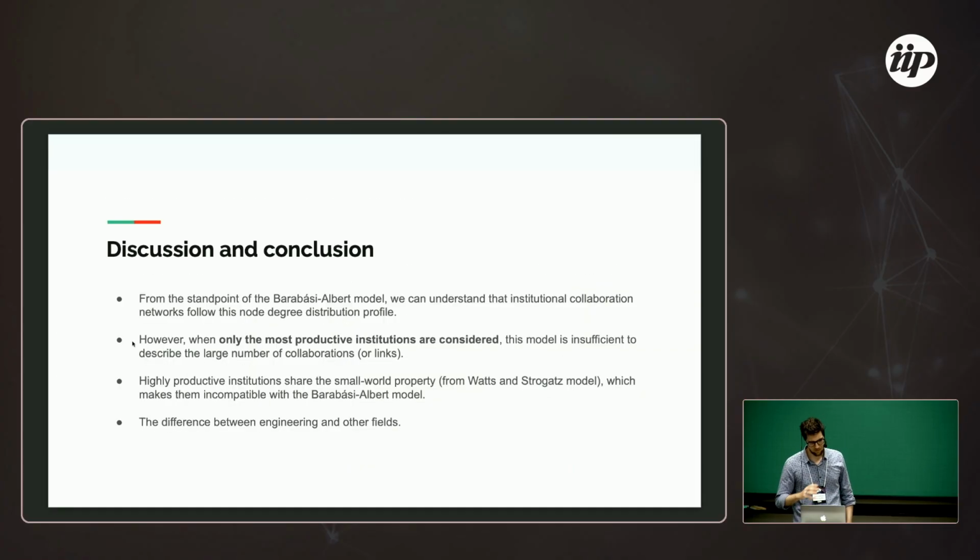So, considering the most productive institutions, we think the Barabási-Albert model is not sufficient to describe the large number of collaborations, and maybe the Watts-Strogatz model could describe it better. And the difference between engineering and the other fields is very visible.